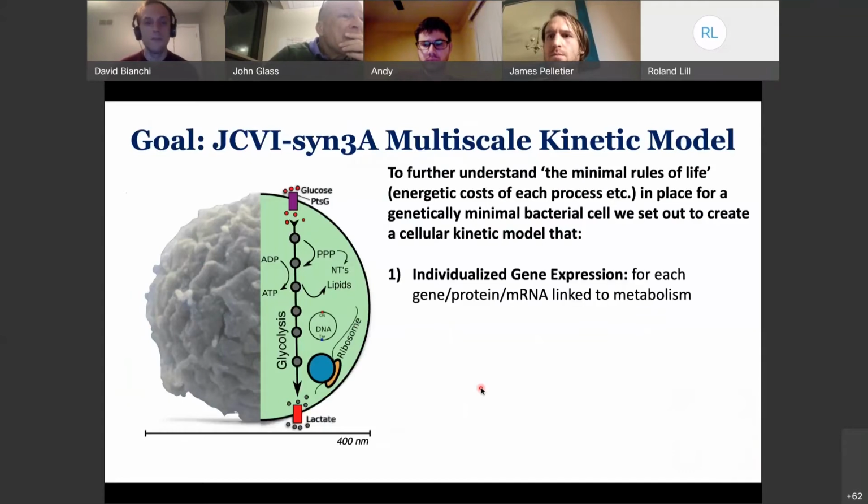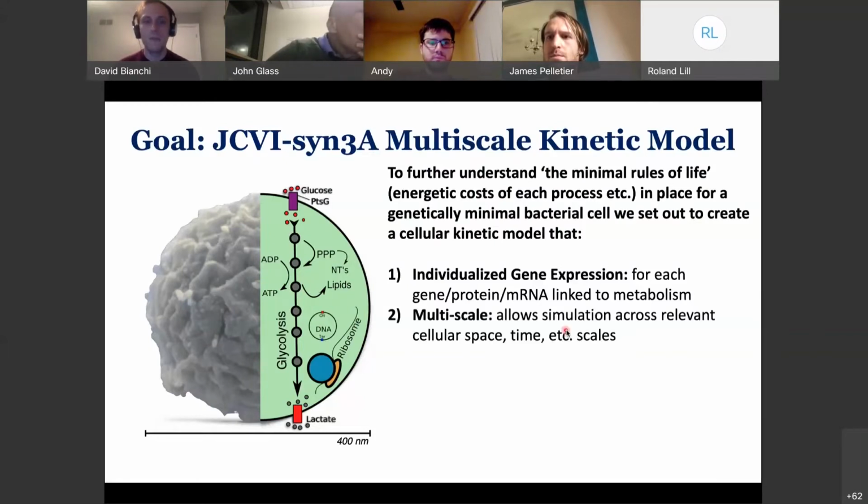One of which is having individualized gene expression for all of the genes in Syn3A, and linking this to mRNA and protein expression, since we only have less than 500 genes now due to the genome reduction that the JCVI has undertaken. That we have a multi-scale model, like I mentioned before, so we can understand how these processes are really interconnected.